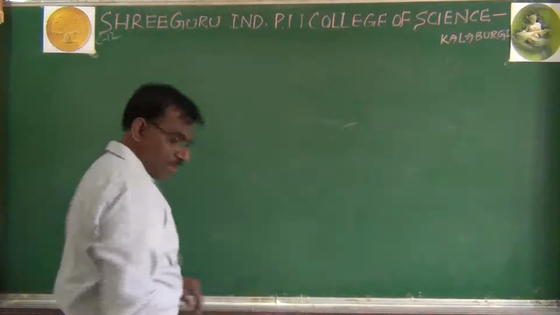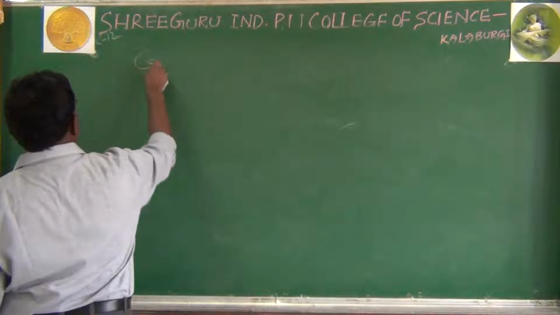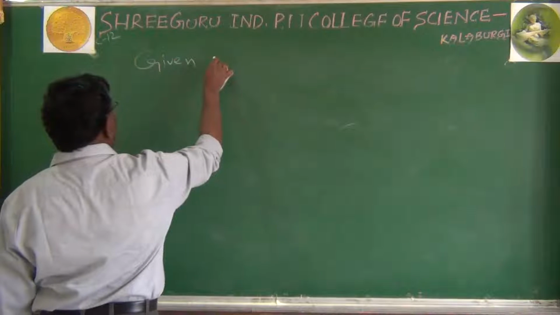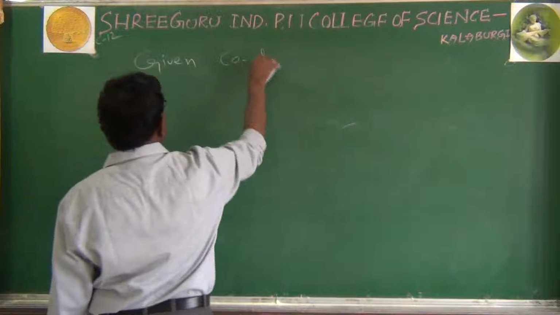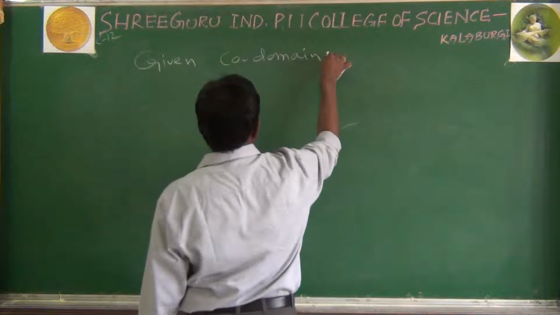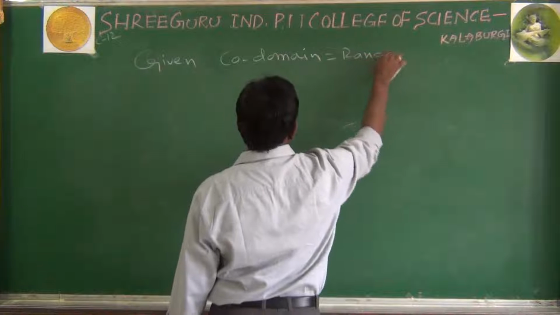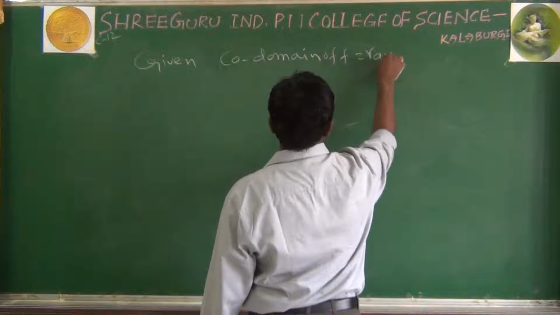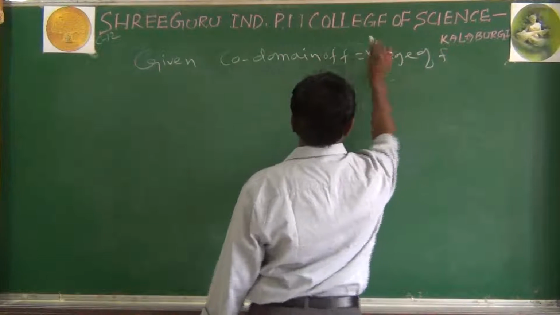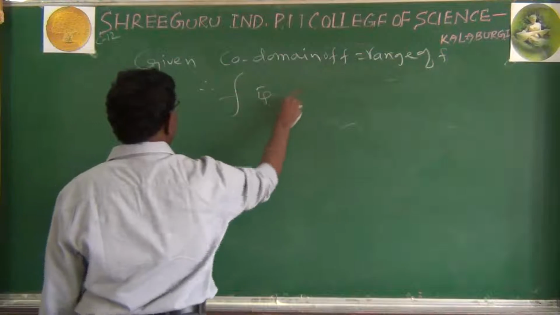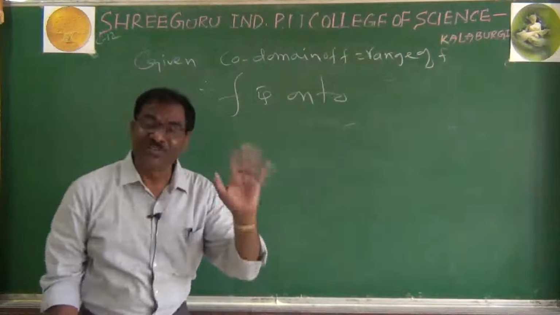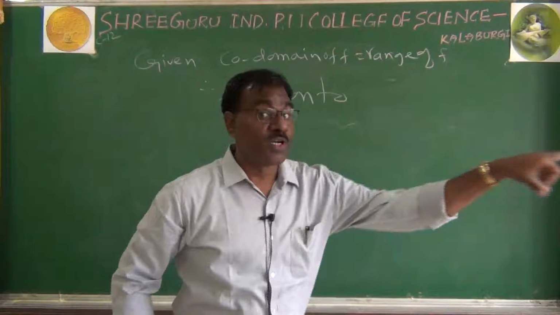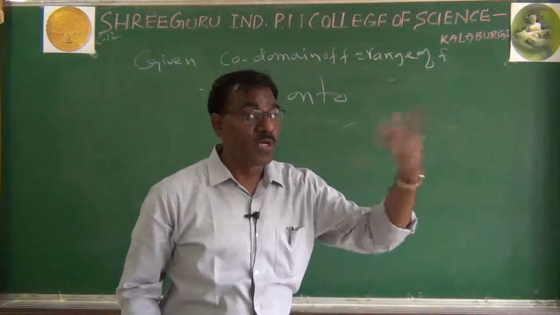F inverse. So given codomain equal to range, codomain of f equal to range of f, therefore f is onto. Already it is given that f is onto. Be careful: minus 1 to plus 1 tends to R, in the range place is the codomain.